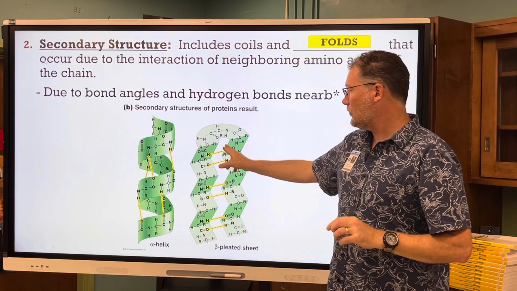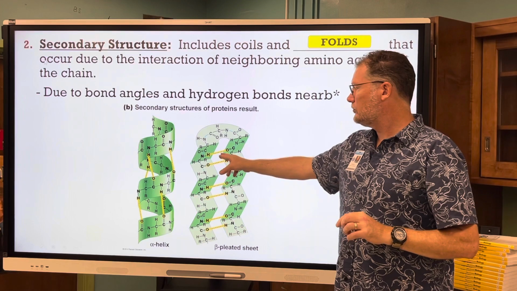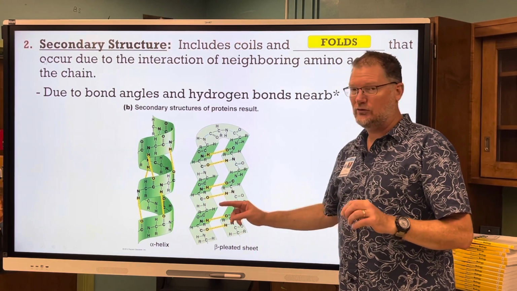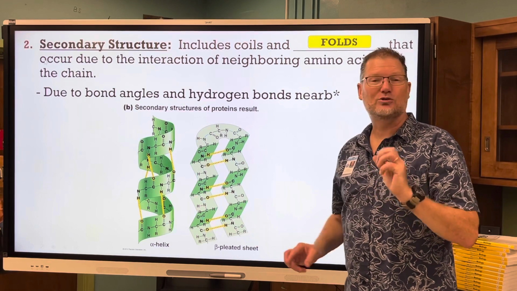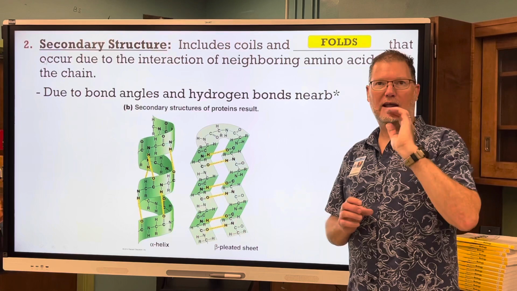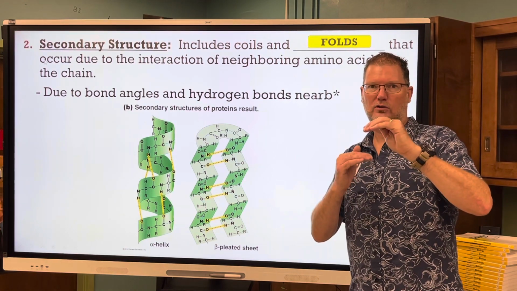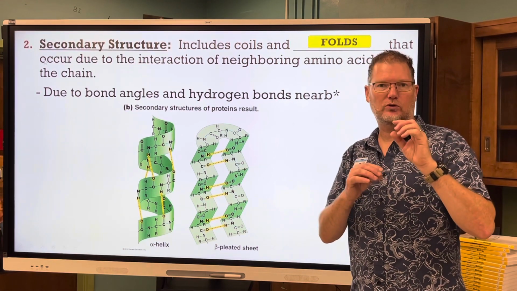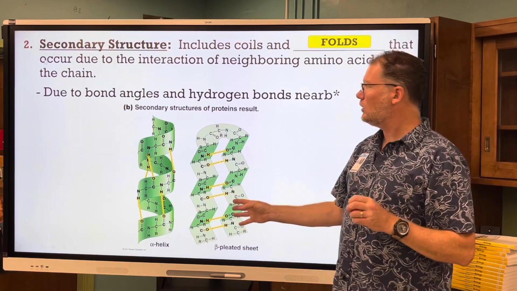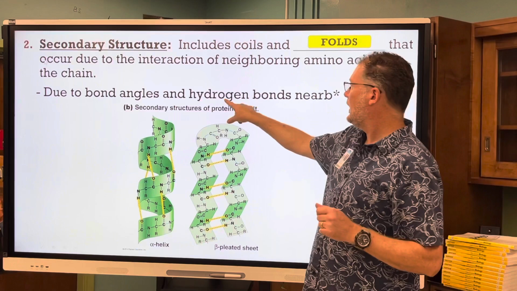You could see some of those just H's and O's making what I believe to be hydrogen bonds, okay? Just like in water, when water's negative parts attract to the positive parts, and that's what makes water sticky. Well, the same effects occur here. So you have, yeah, it is hydrogen bonds.